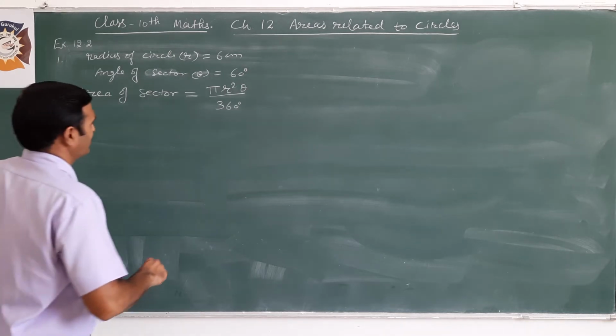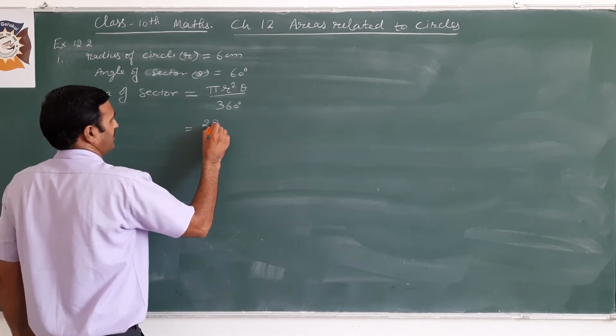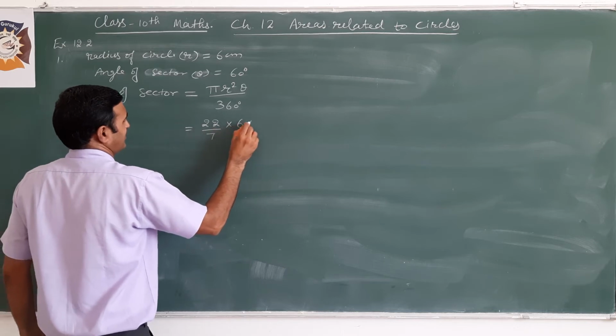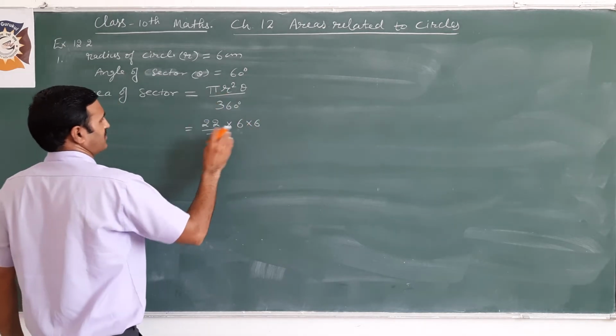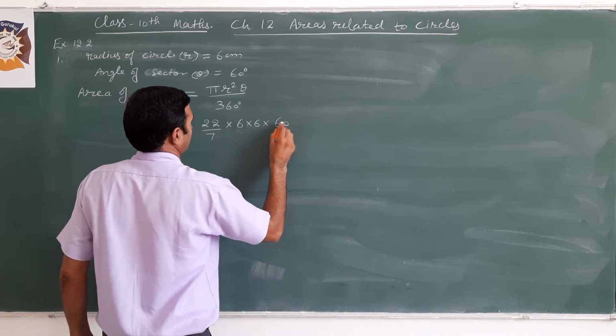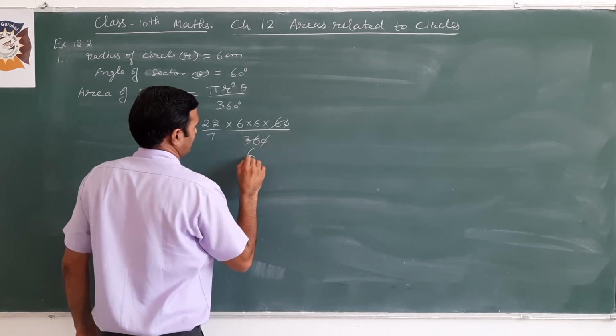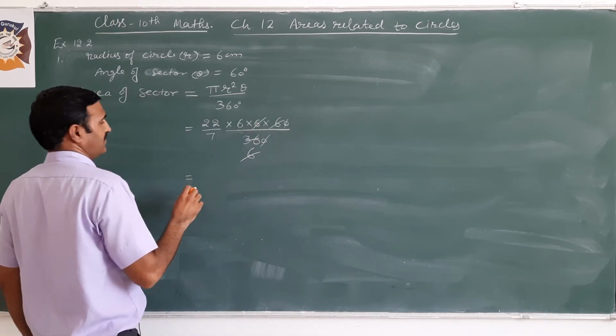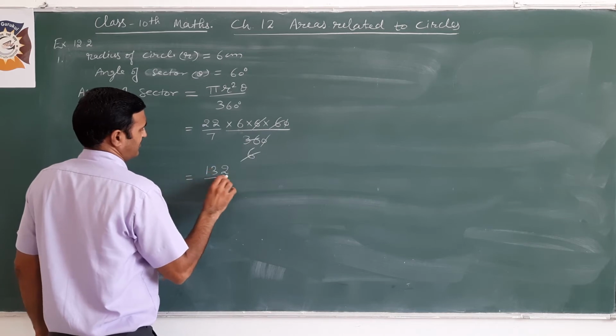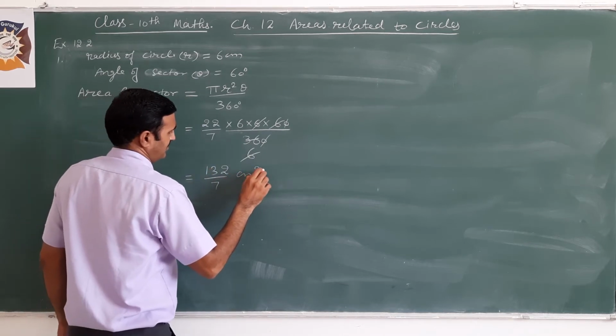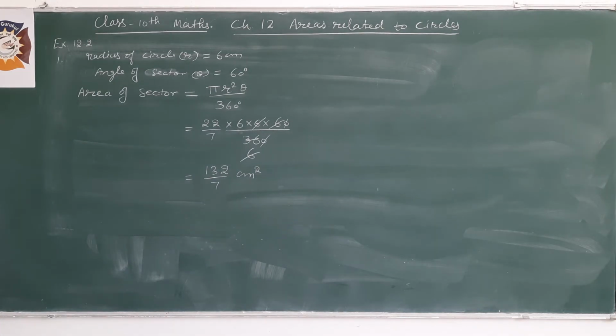Pi is given 22 by 7, r is 6, square, and this is 60 degree upon 360. 6 into 6 is 36, 6 is cancelled out. 132 upon 7 square centimeter is the area of the sector or minor sector.